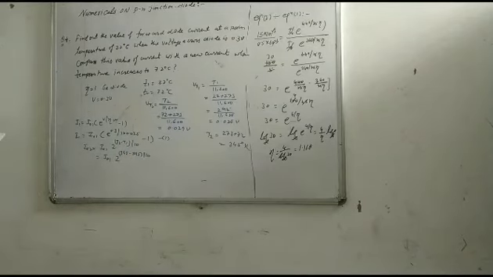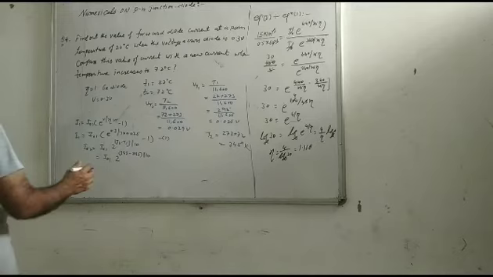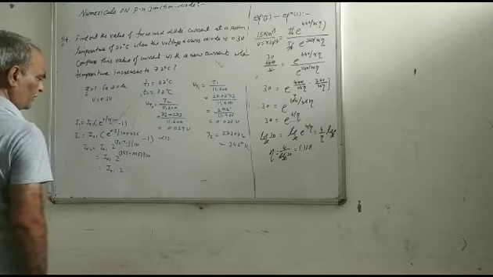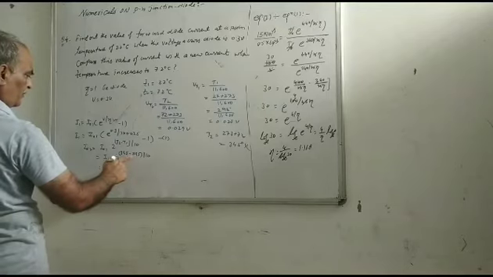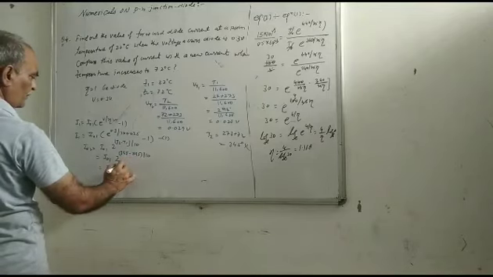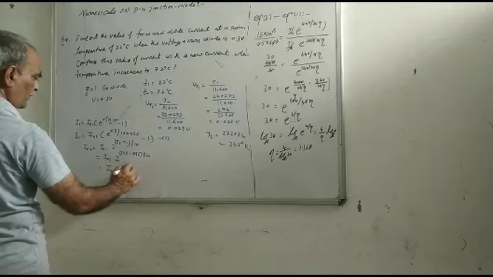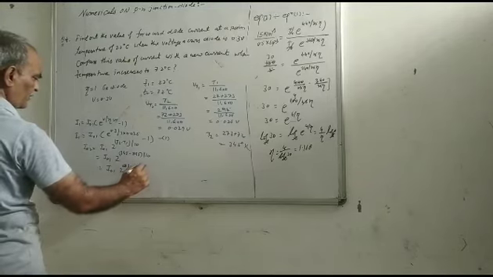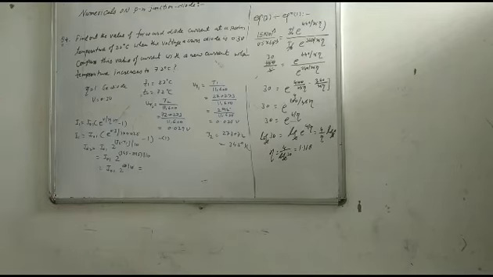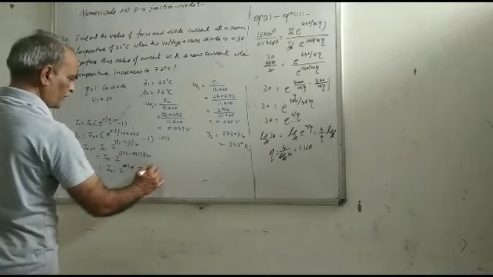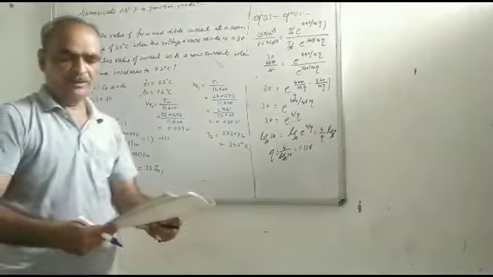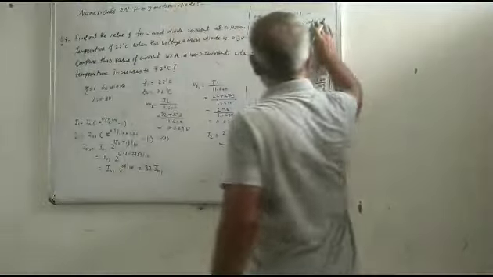This value comes as I01 into 2 to the power 5, so this is equal to 32 times I01. So we can find the value of I2.